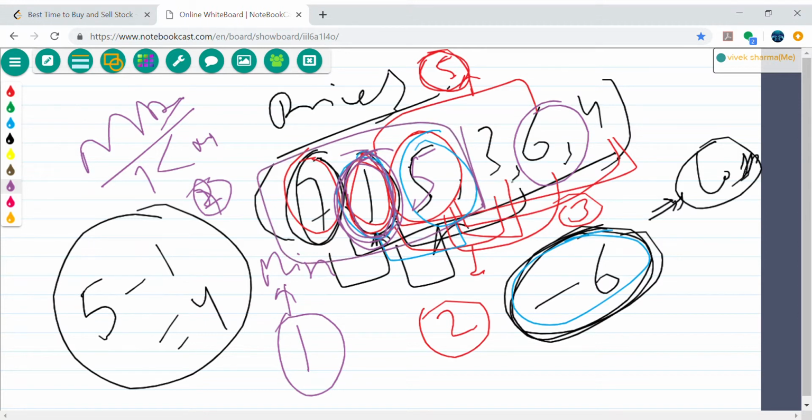And once I move forward, 3 minus 1, that is 2, so 4 will still be the profit. And then 6 minus 1, that is 5, and 5 is greater than 4, so my next profit would be 5, in the red color.